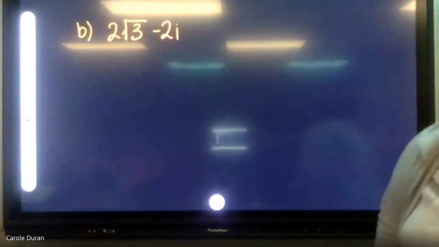So this time I have the complex number 2 root 3 minus 2i. How am I going to start this one?